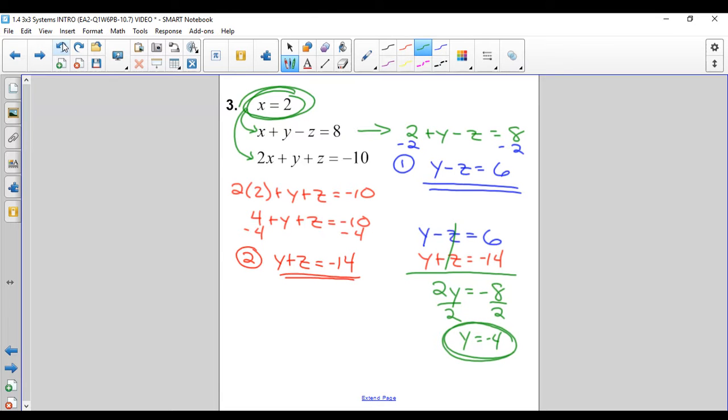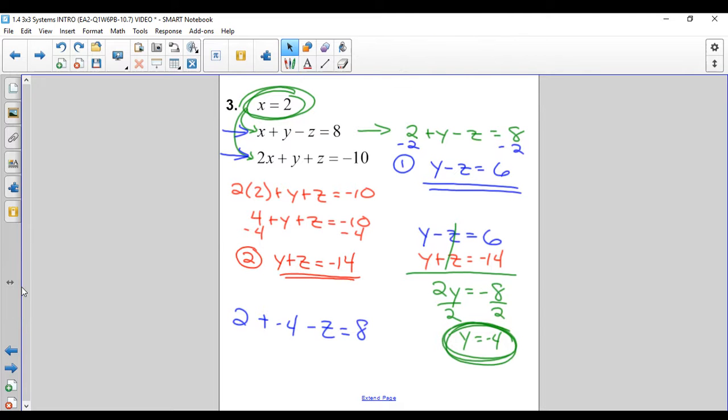We've had x. We now have y. Take both of those solutions and plug them into either the second or third equation. I like the second one, the middle equation, because I think it's less to deal with. So I plug in 2 for x, and negative 4 for y, minus z equals 8.